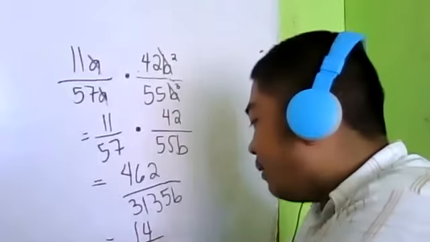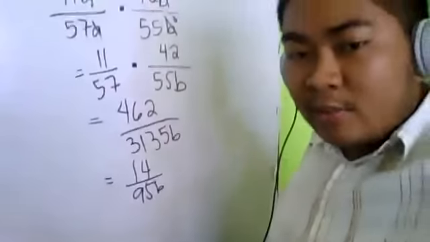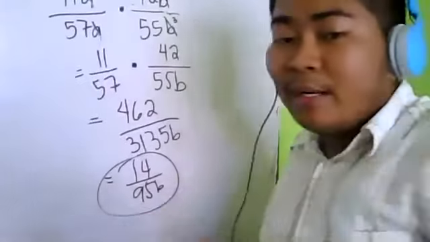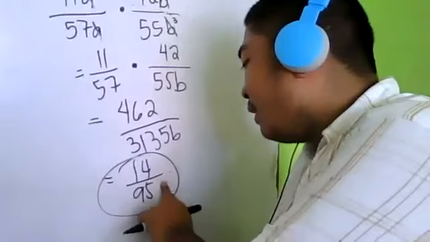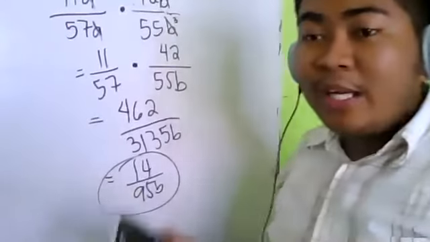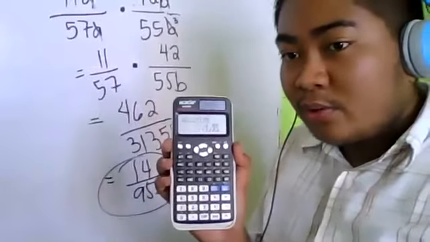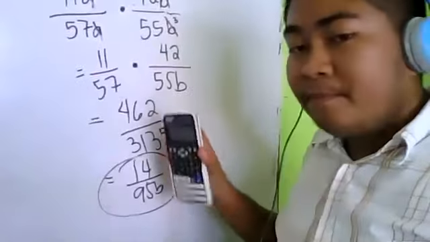Then copy the variable, which is B. So this would be our final answer, since it has no further lowest term. That's what the calculator gave, so that is its lowest term.